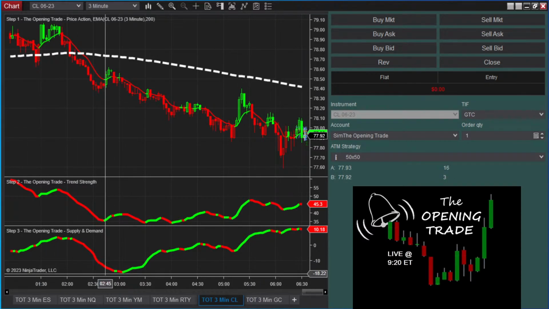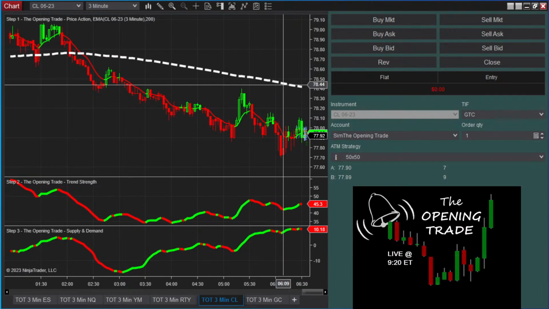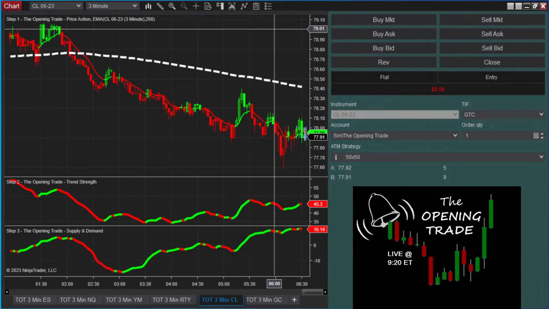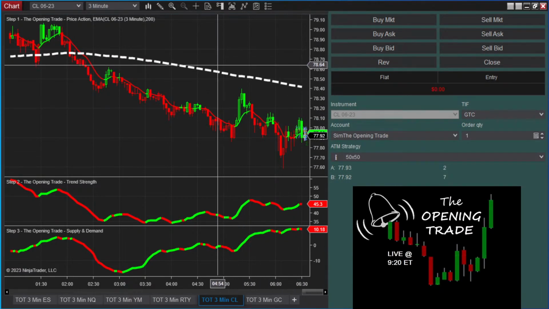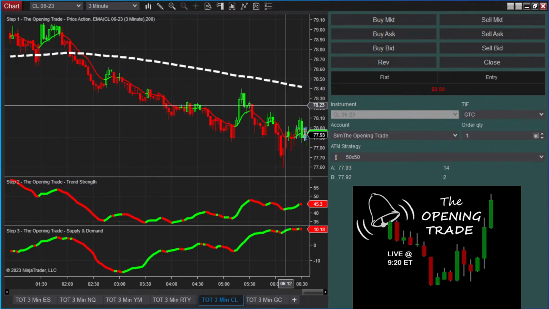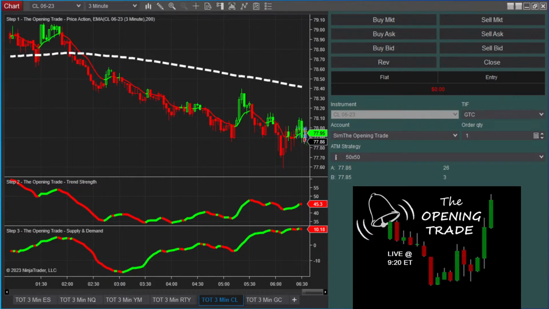No, okay, move on. If the market was above the 200 period EMA, I'd be looking for all green signals, a green candle, a green line here in step 2, a green line here in step 3. But since we are below the 200 period EMA, I'm looking for red.